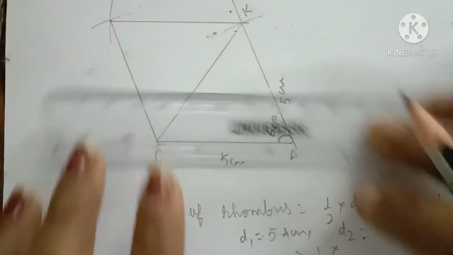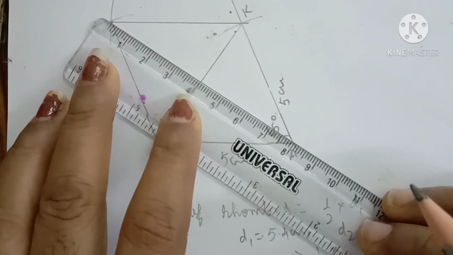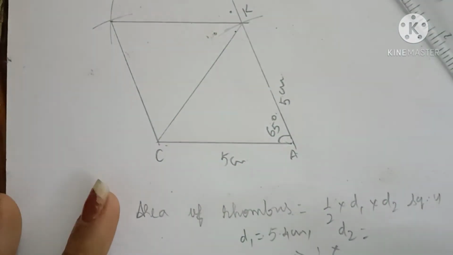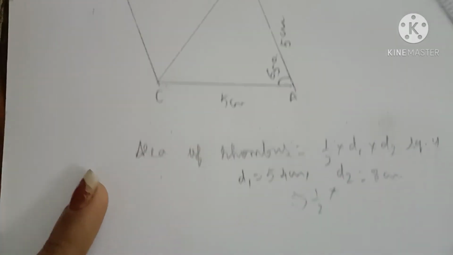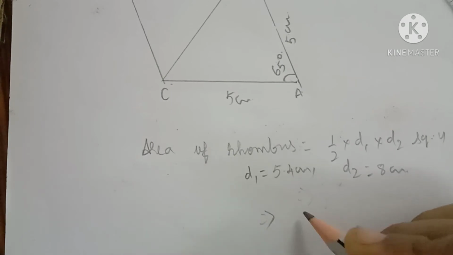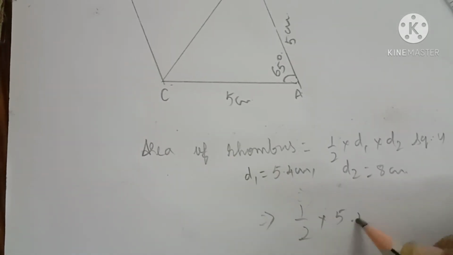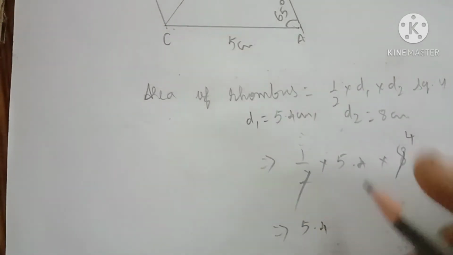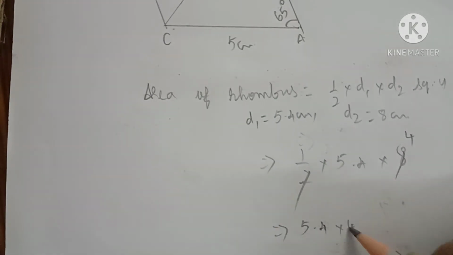Then D2 is 8 centimeter. Therefore, half into 5.4 into 8 centimeter, in 2 table 4 times. Therefore, 5.4 into 4. 4 4s are 16, carry 1. 4 5s are 20. 20 plus 1 is 21.6 centimeter square.